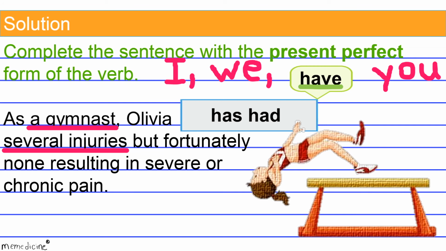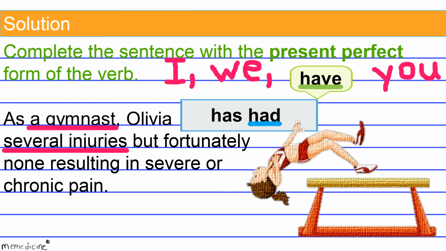Notice that the past participle verb form is had, H-A-D. This is the same as its simple past tense verb form, which is also had, H-A-D. I'm highlighting this because some tend to assume that the past participle verb form is always the same as the simple past tense verb form. This is only true for some regular verbs and a few exceptions, like the verb to have.